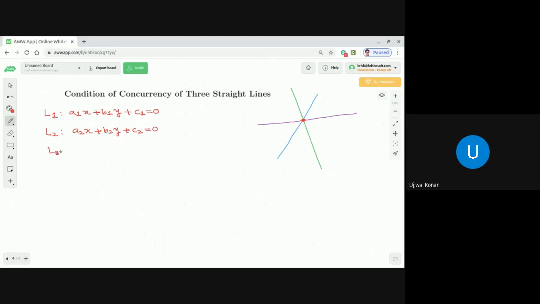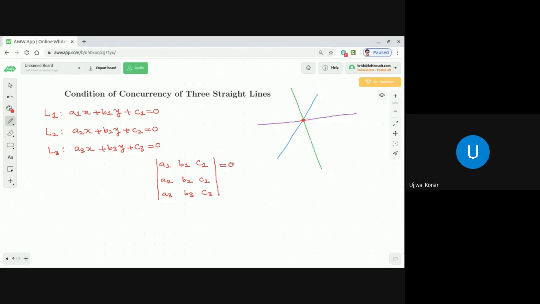And equation of the straight line L3 be a3x plus b3y plus c3 equal to 0. Now the required condition for the concurrency of these three straight lines is that the value of the determinant a1 b1 c1, a2 b2 c2, a3 b3 c3 has to be equal to 0.